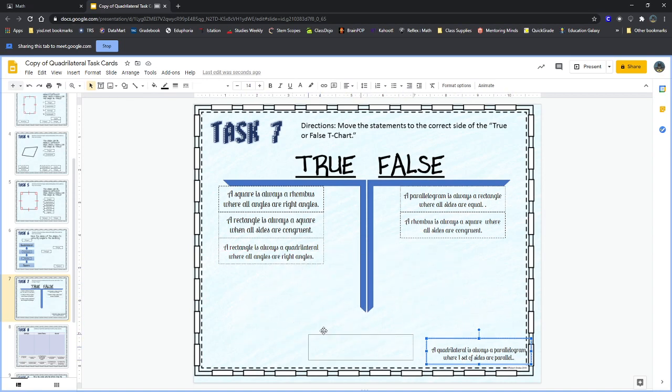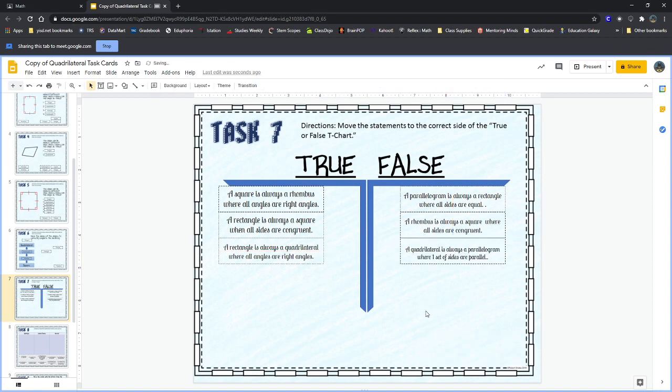False. This is a false statement. If something is a parallelogram, it has to have 2 sets of parallel sides, not 1. That's why they call it a parallelogram, because there's 2 sets of parallel sides. Part of the name.